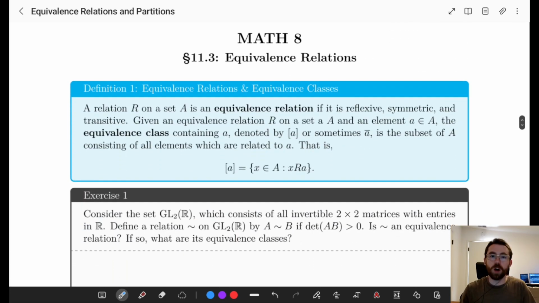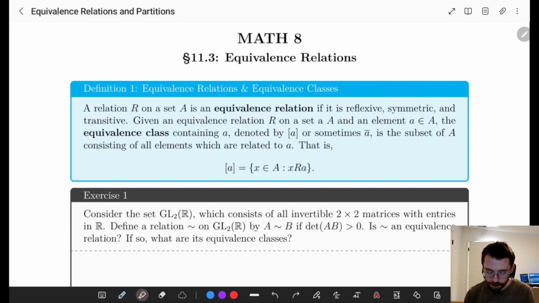Cool. Okay, so what are these things that are reflexive, symmetric, and transitive all at once? Well, they're equivalence relations. They come up often enough in math, in fact, they're all over the place, that they do have this special name. So a relation R on a set A is an equivalence relation if it has those three properties.